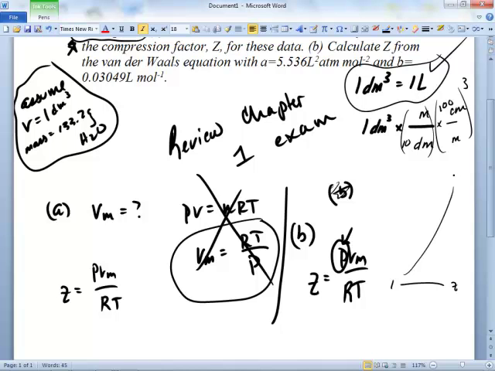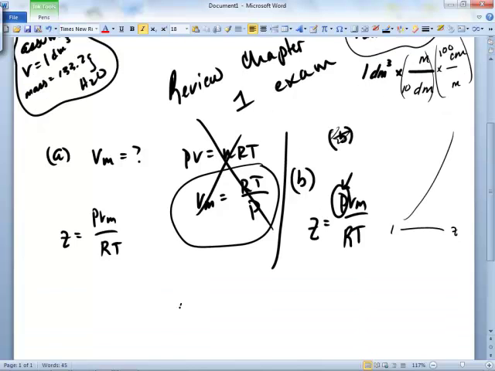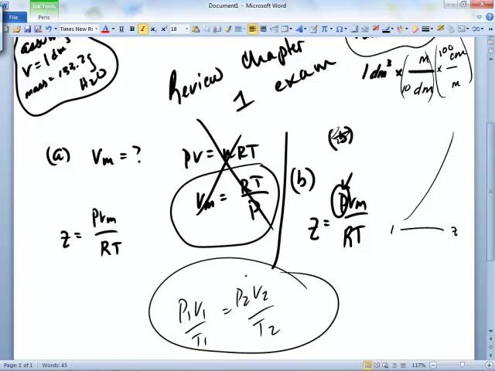What's the new volume? And it's not on our equation sheet, I don't think. No, it's not. How do you solve that? This is from the very first day. There it is. Did you hear, Gianna? P1 V1 over T1 equals P2 V2 over T2. That's the only way to do it. The ideal gas law just won't get you there.